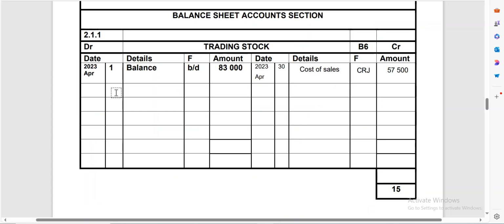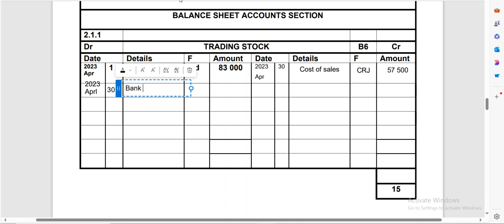So we'll come here and say 2023, April, and the date here will be the date, so just write the date. Some learners might choose to write total cash purchases, but we can just say bank.